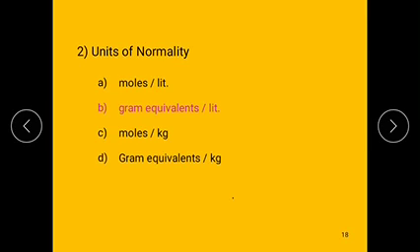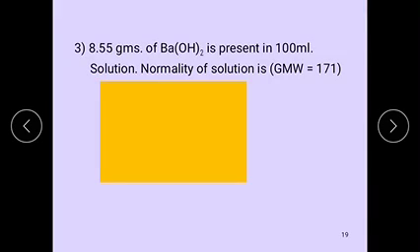The right answer is gram equivalents per liter. The definition already says it is the number of gram equivalents of solute present in 1 liter of solution, so the unit of solute is gram equivalents and for volume it is liter. Then gram equivalents per liter is the unit for normality.